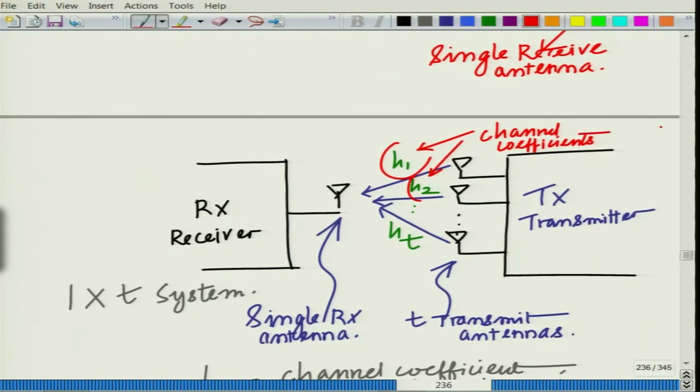So, you can think of this typically as a downlink scenario, right, where the base station, which is larger, can have many more antennas, and it is transmitting to a mobile, let us say, that has a single antenna. So, you have multiple transmit antennas at the base station and a single receive antenna at the mobile. So, it becomes a MISO system, right, multiple input single output system.